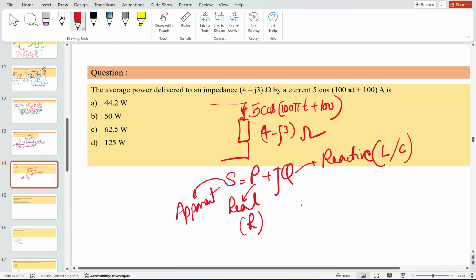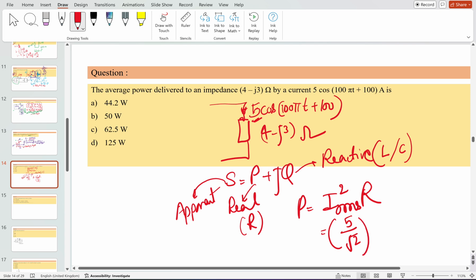So the power will come out to be simply I RMS square times R, because the loss is represented in terms of the RMS, and it will happen across the R only. What will be the I RMS? I RMS is 5 divided by root 2, because 5 is the maximum value.